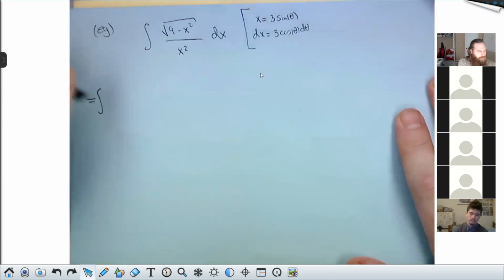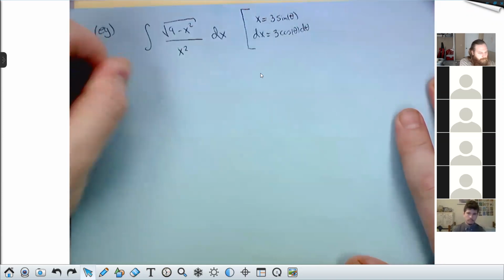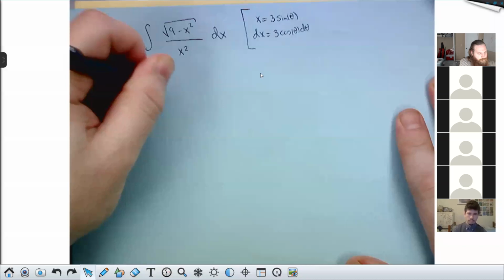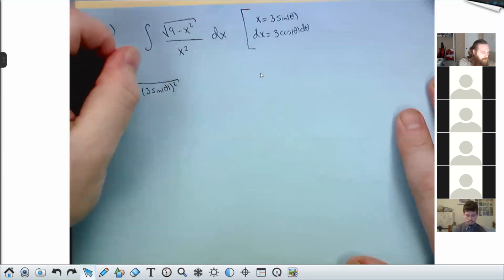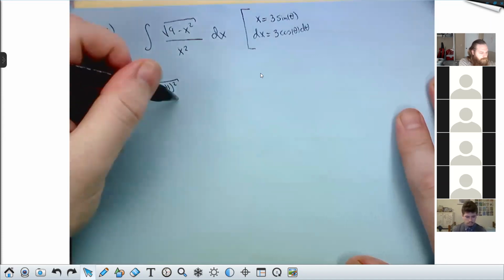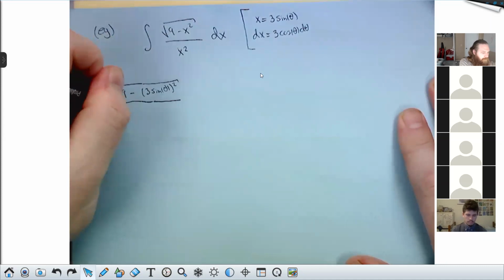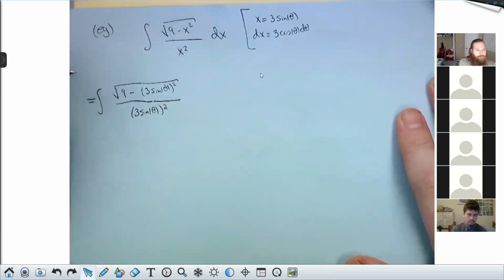In my integral, everywhere there's an x, I'm going to write 3 sine theta instead. So upstairs, I'll have the square root of 9 minus parentheses 3 sine theta all squared. And downstairs, I have x squared, which is parentheses 3 sine theta all squared.